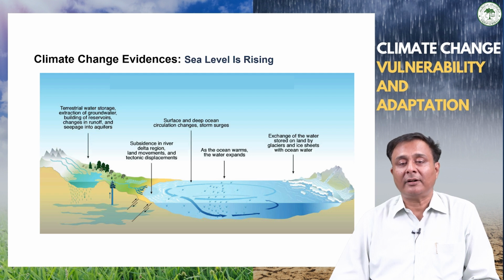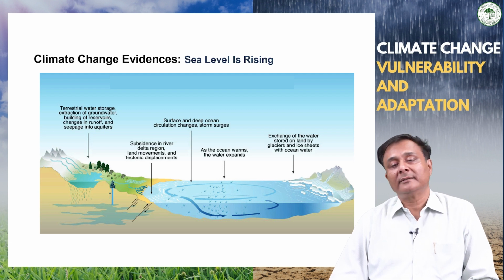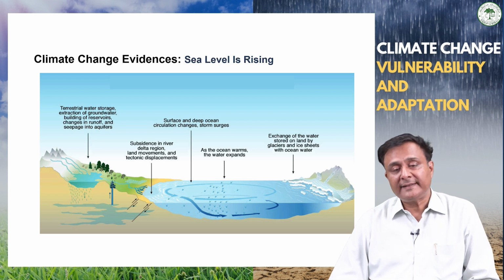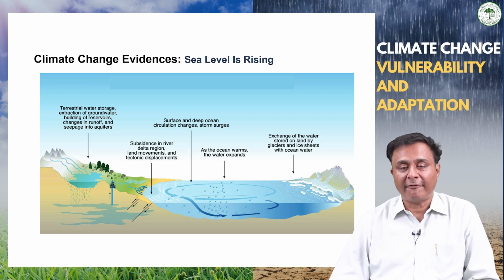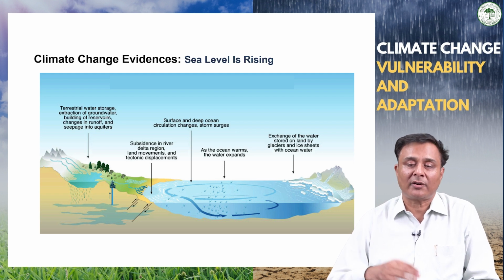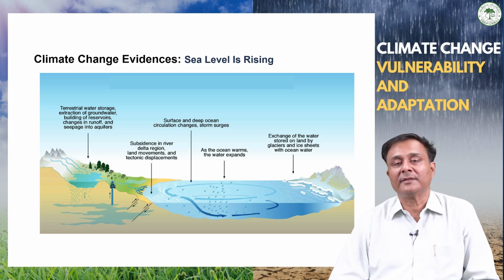Similarly, the rate of sea level rise in the last 2-3 decades was far more than what we observed earlier. And this rise in sea level has wide-reaching implications, not just on the physical environment, but also on the economic, social and cultural fabric of vulnerable nations across the world, the coastal locations.